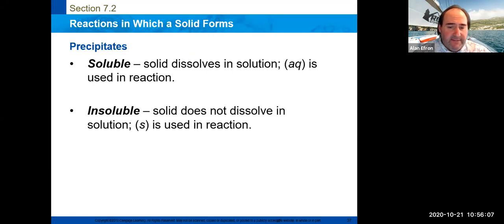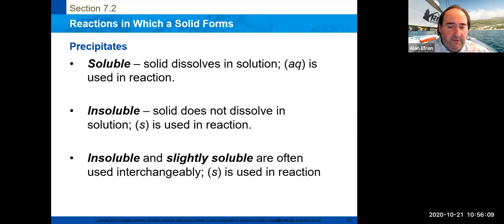So that brings up the idea of solubility. When we look at solubility rules, there are usually three classifications that help us decide what will make a solid and what will not. If something is determined to be soluble, that pretty much means that if you put a solid into a liquid, the solid will dissolve completely.